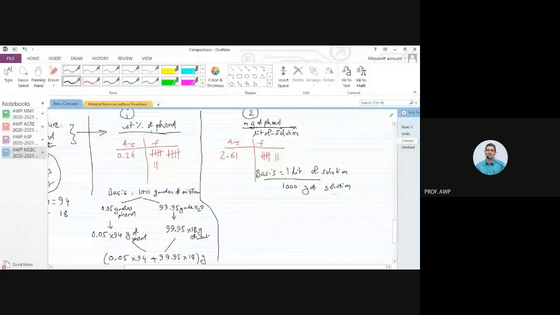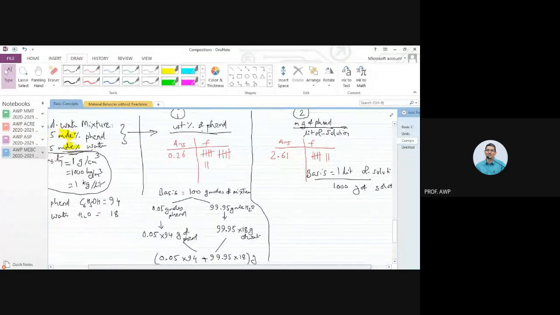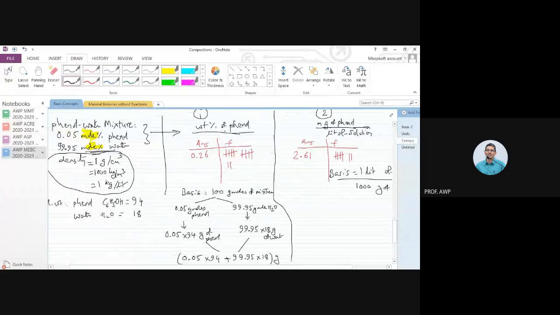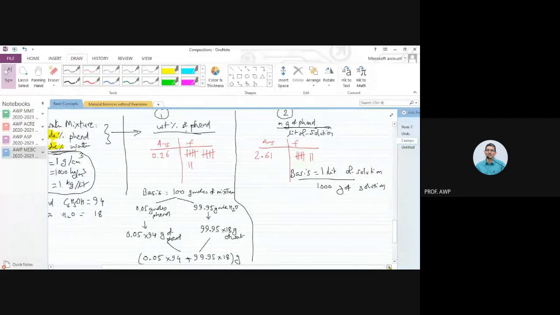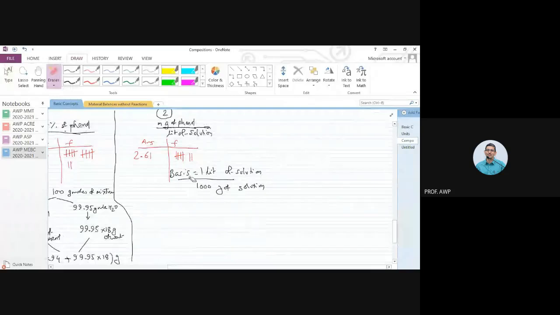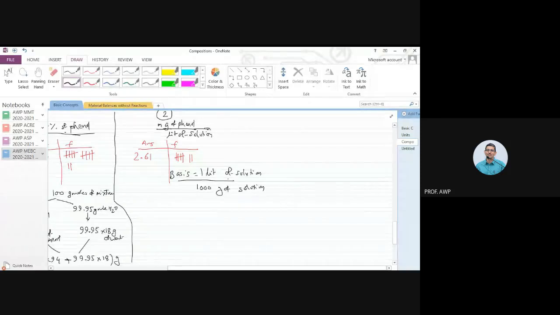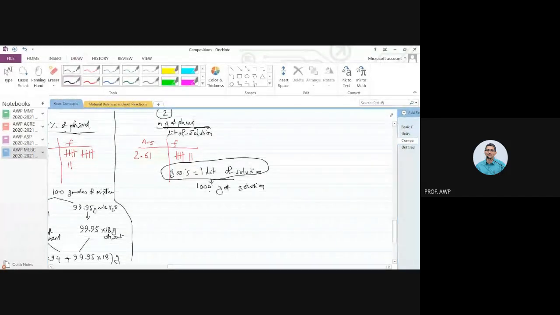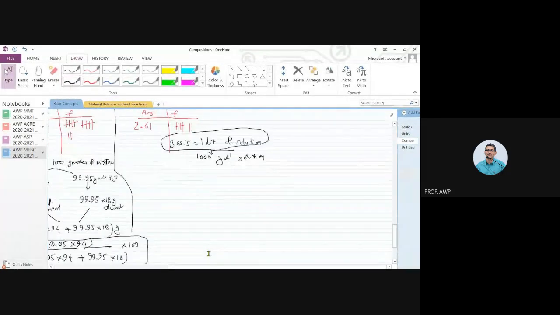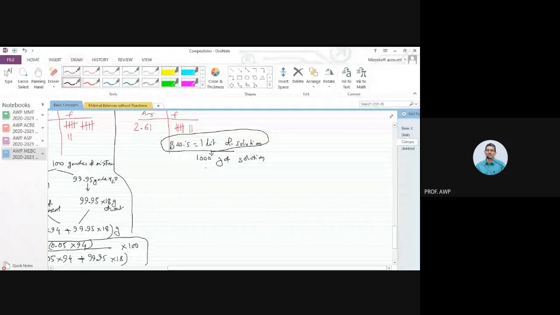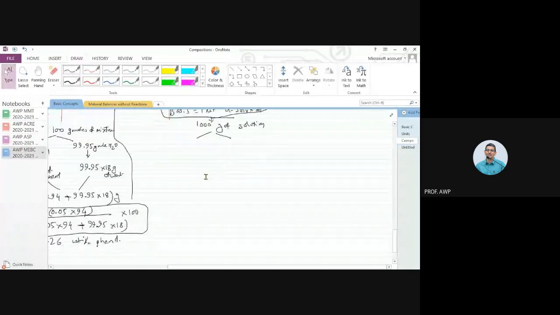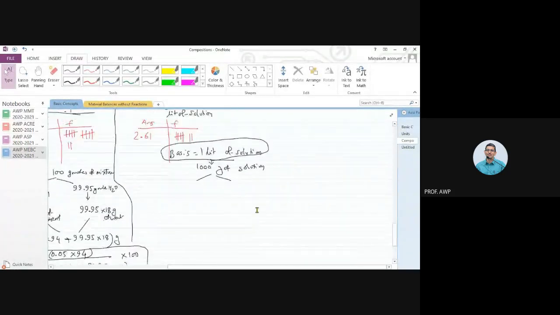Density, I know, is 1 kilogram per liter, 1000 kilogram per meter cube, 1 gram per cc, whatever you like. So 1 liter of solution is same as 1000 grams of solution. And in 1000 grams of solution, we know that weight% is 0.26 weight%.